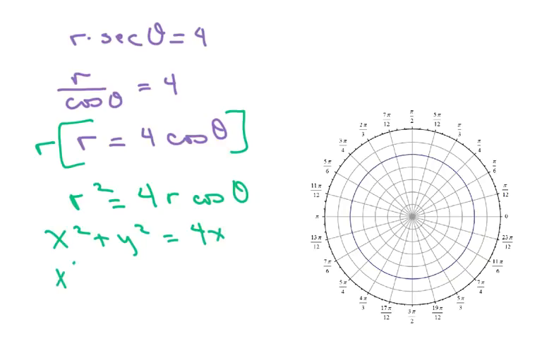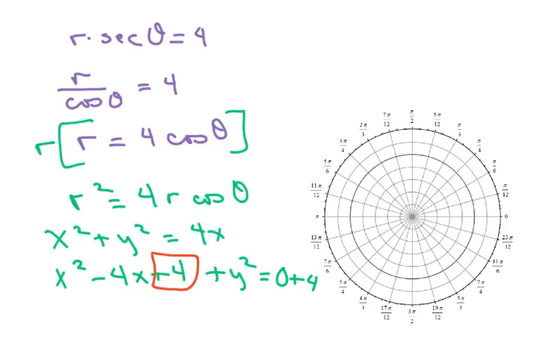And when you move everything over, and complete the square, which is this part here, again, plus y squared equals 0 plus your 4 that you added to both sides. And so basically, we're going to get up here x minus 2 squared plus y squared equals 4.